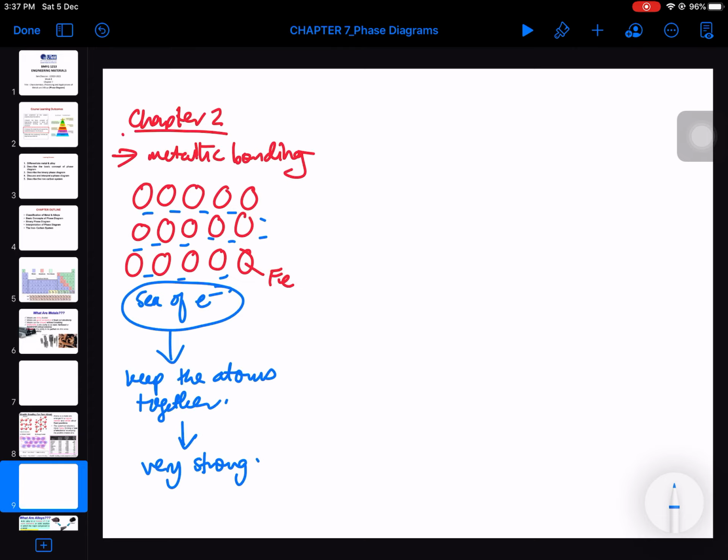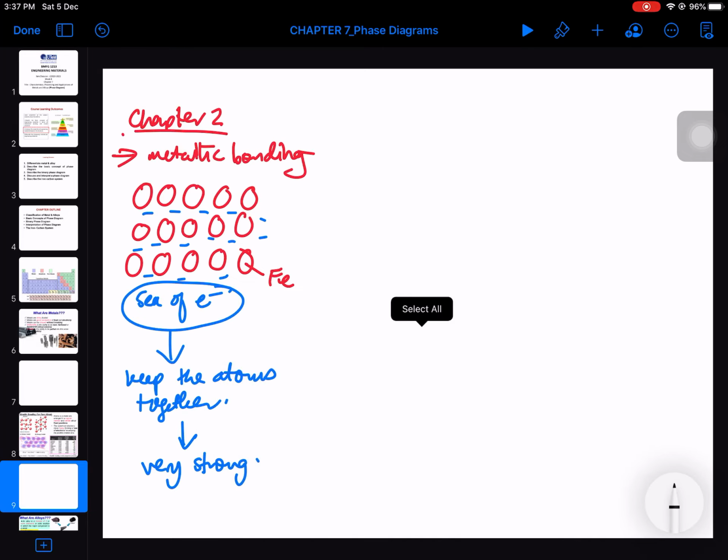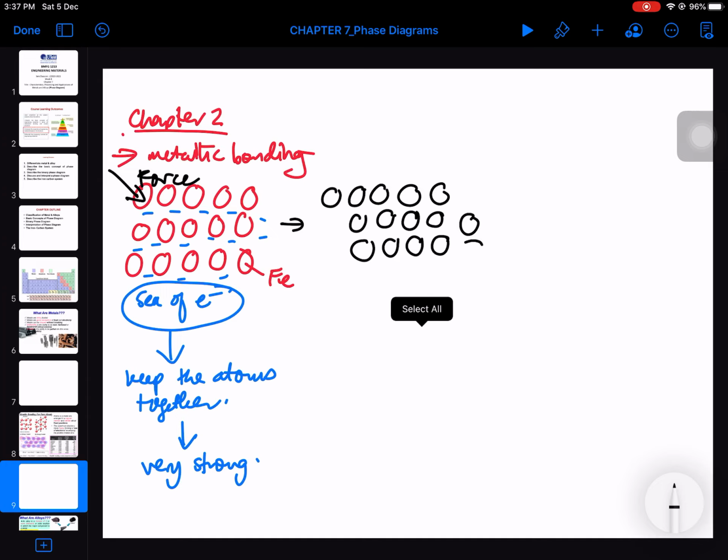let's say we apply a certain force or load, so we apply force here. Because of the force, it actually deforms. The force is strong enough to cause deformation, meaning some of the atoms will be relocated from their original position.